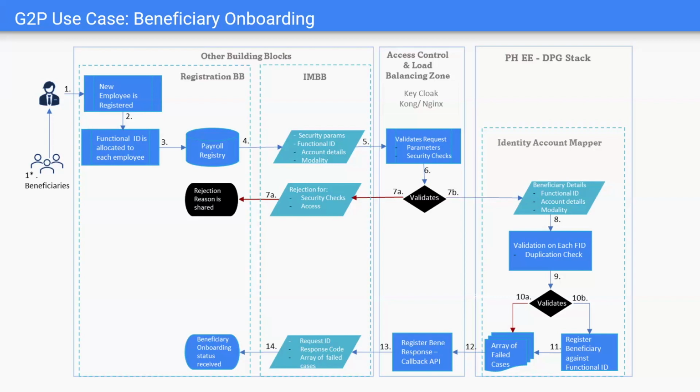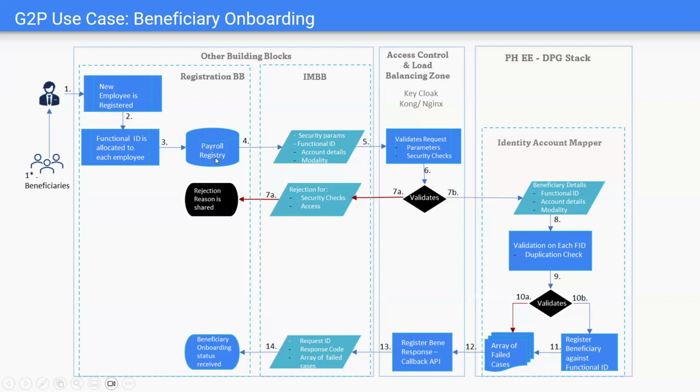This functional ID is allocated to each employee and saved in, let's say, a payroll registry of the registration building block. The government would later go to this system and select the employee, or functional ID, that they have to pay certain amounts to.